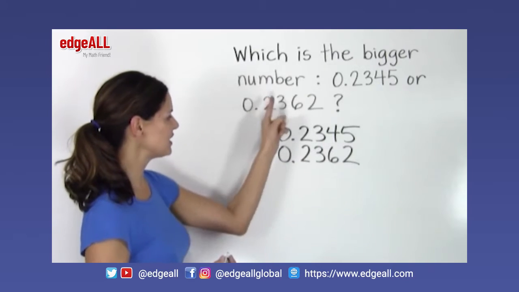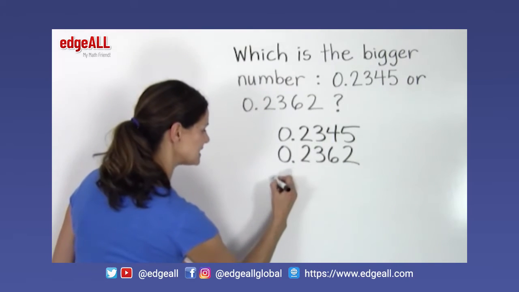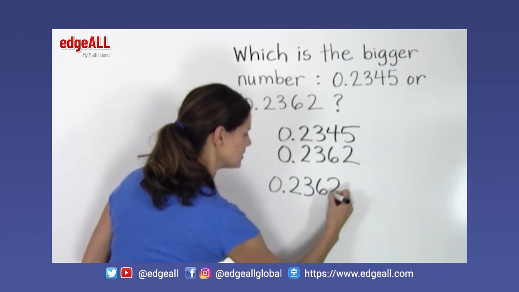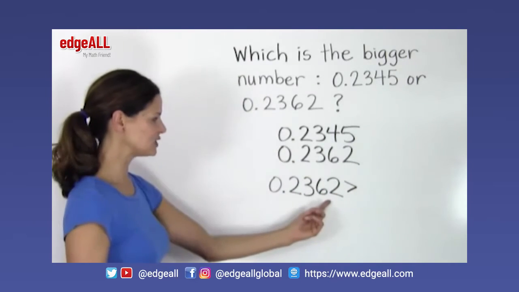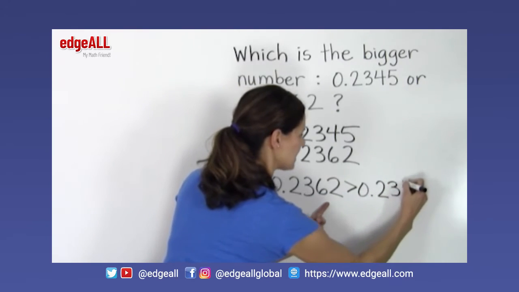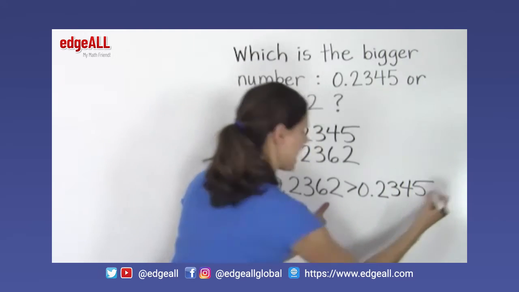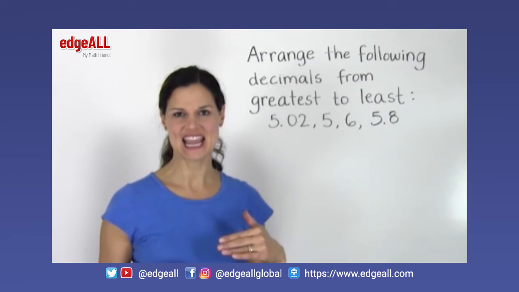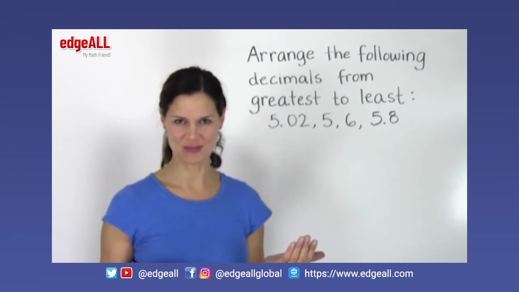So which is the bigger number? 0.2362 is the bigger number. It's greater than 0.2345.